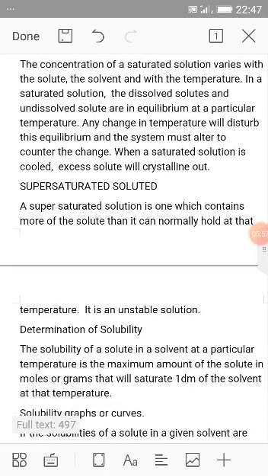Now we have supersaturated solution. A supersaturated solution is one which contains more of the solute than it can normally hold at that temperature. It is an unstable solution.